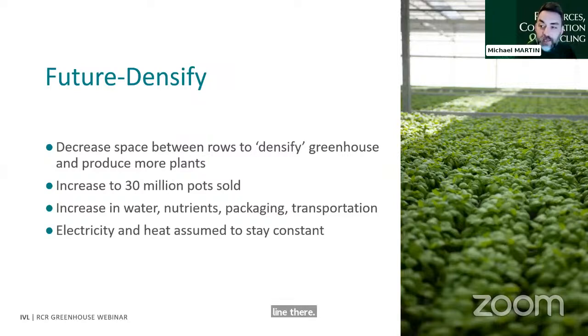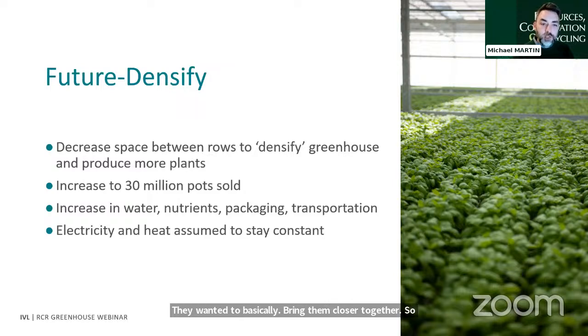Finally, we also did a study where we looked at densification, because this is something that they started to work on. The rows in between the channels for the hydroponic system, they wanted to bring them closer together. So they had to change a bit of their infrastructure to be able to put the rows closer.